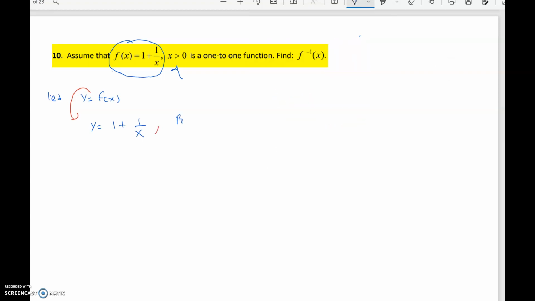So replace y by x and x by y, which is going to make a little bit of a mess. So let me just rewrite it. And at this point, we're going to have that x is equal to 1 plus 1 over y.